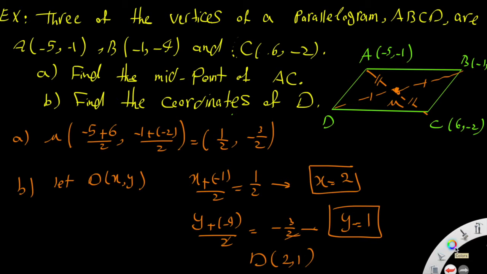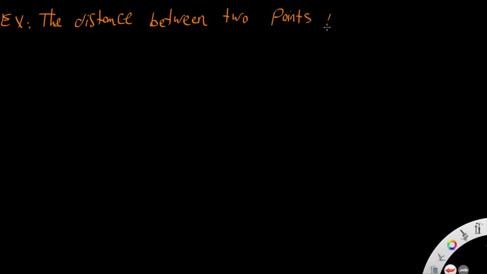Now let's see one more example. The distance between 2 points P with coordinates (negative 2, a) and Q with coordinates (a minus 2, minus 7) is 17.